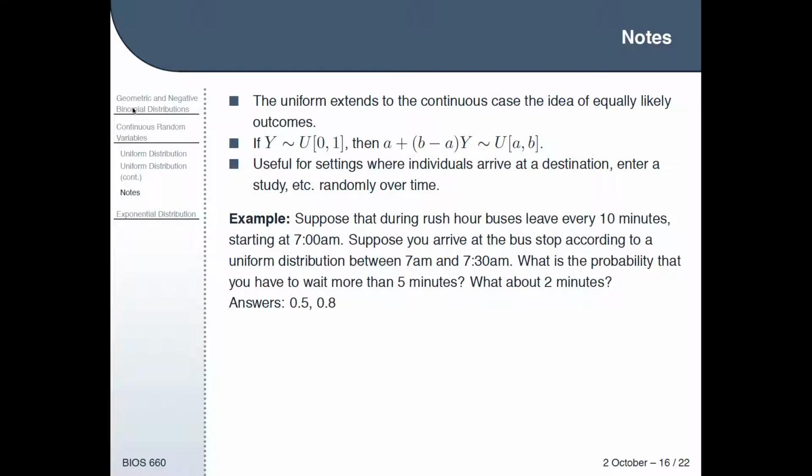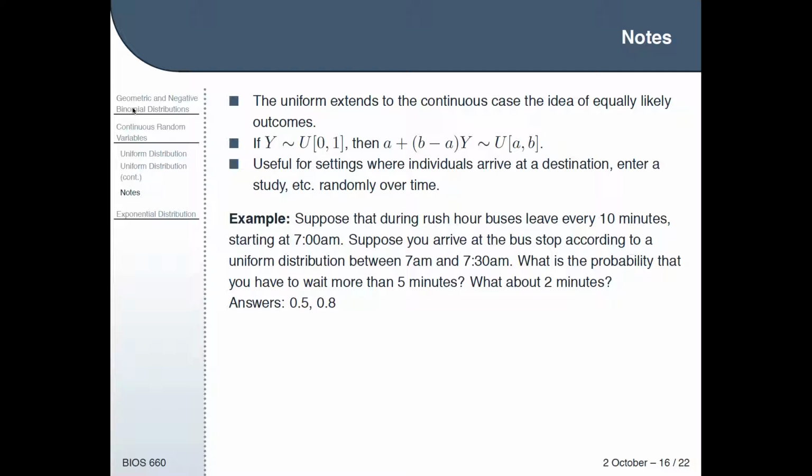Probability you have to wait more than 5 minutes is going to be equivalent to the probability that you show up in the interval 7:05 to 7:10 or 7:15 to 7:20 or 7:25 to 7:30. In other words, a 15-minute block out of this possible 30 minutes, so the probability of that happening is 0.5.